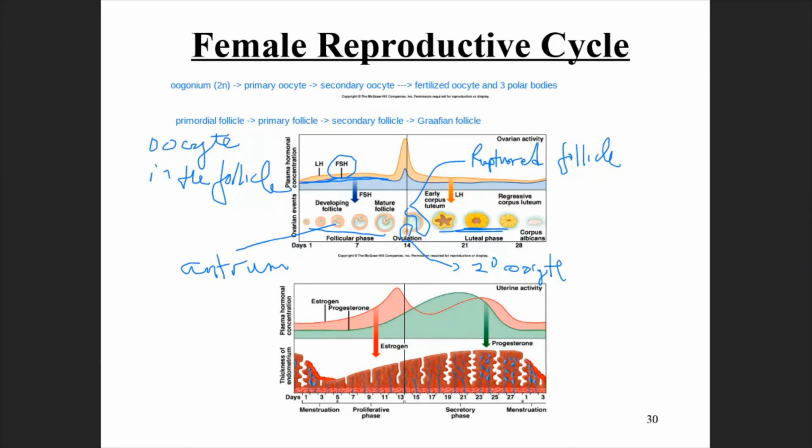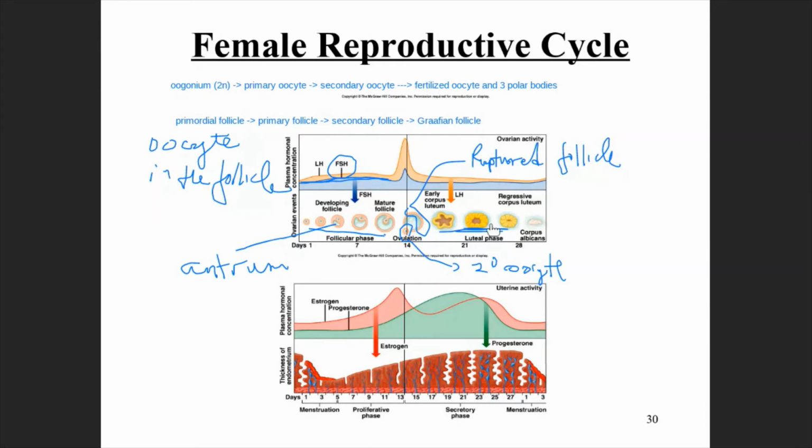The latter 14 days, you can say, that's the luteal phase, which refers to the development of the corpus luteum. Now, if the LH is slowly waning and disappears, the corpus luteum becomes the corpus albicans.